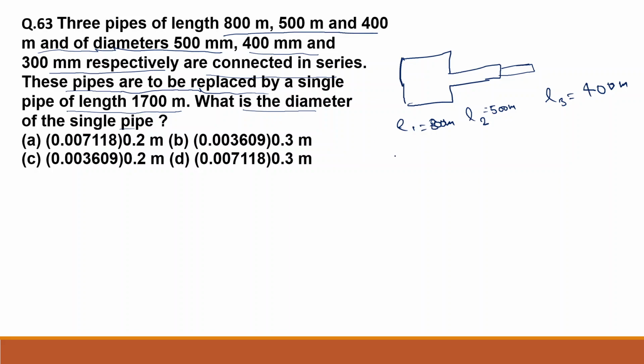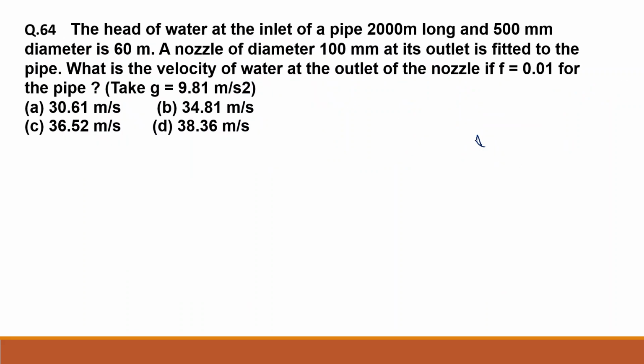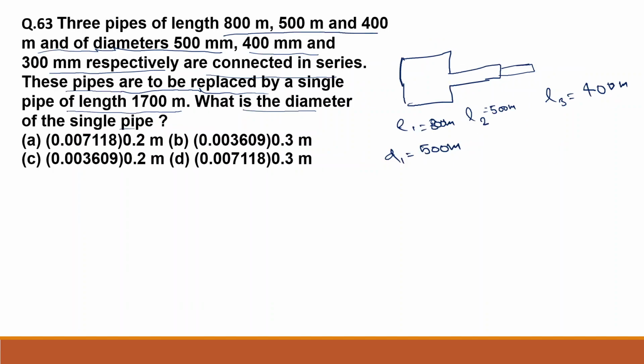After that D1 is also given 500 meter, D2 is given 400 meter, and D3 is also given 300 meter.